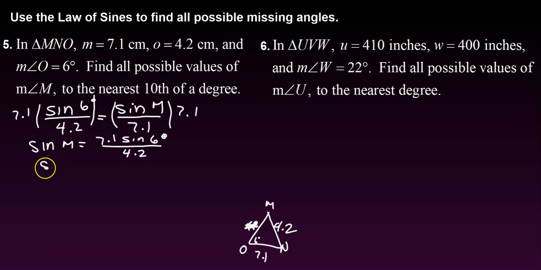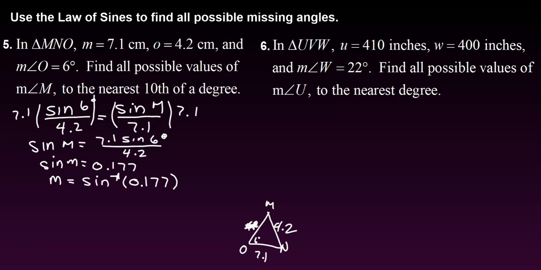So sine of M is equal to 0.177. The number probably continued on, but I stopped at 3 decimals because in the end we're trying to round to the nearest tenth, so 3 decimals should be far enough. To do the next part, we're going to take sine inverse, not the same as the reciprocal, but just sine inverse of 0.177.